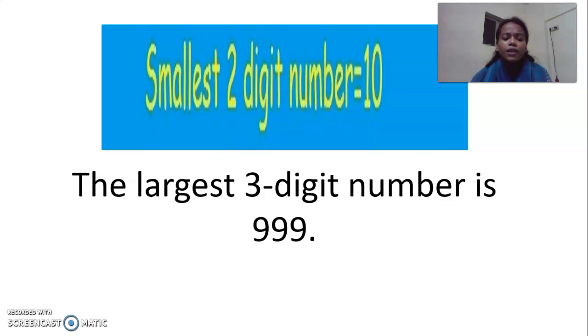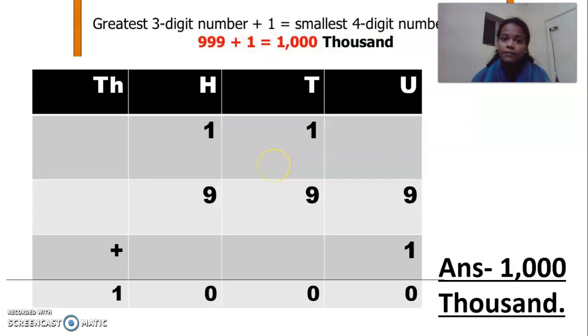Now tell me which number we will get if you add 1 to the largest 3-digit number. 999 plus 1. Yes. If we add the greatest 3-digit number, 999, plus 1, we get the smallest 4-digit number, that is 1000.